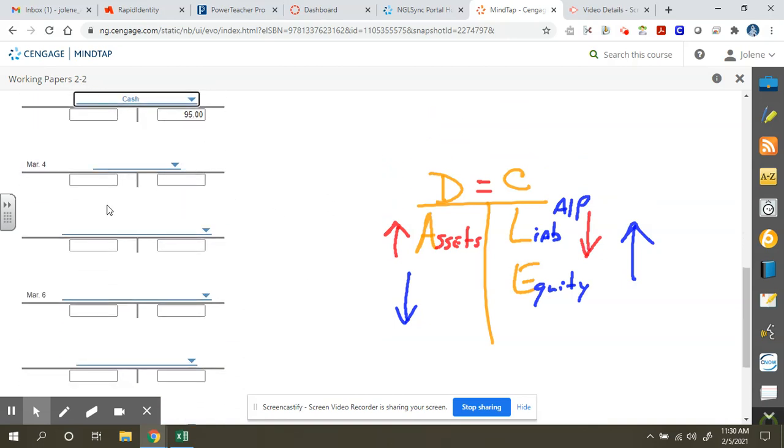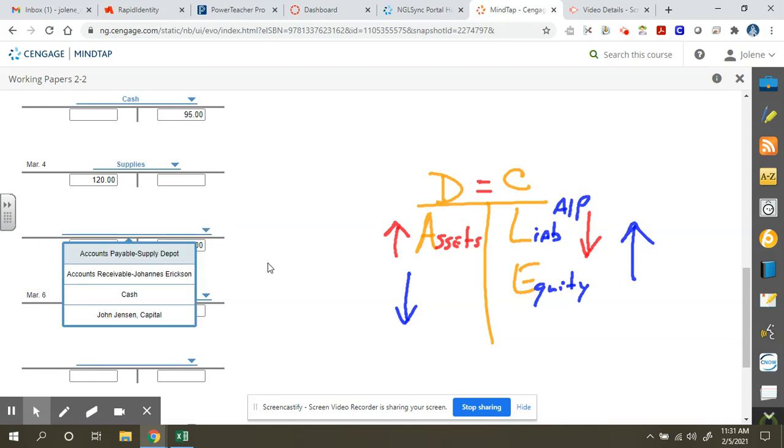Go to March 4th. Bought supplies on account from Supply Depot, $120. So John needed some more supplies. That's what he was bringing back to the office. But he didn't pay cash for it. It says he paid it on account. So cash is not impacted on this one. He gave them an IOU.